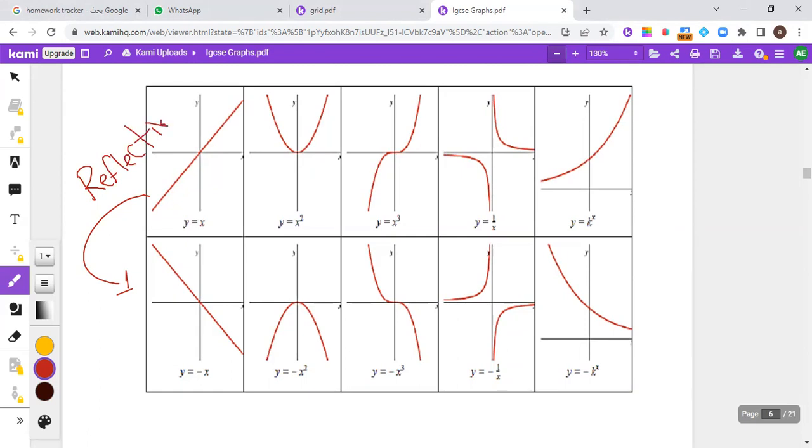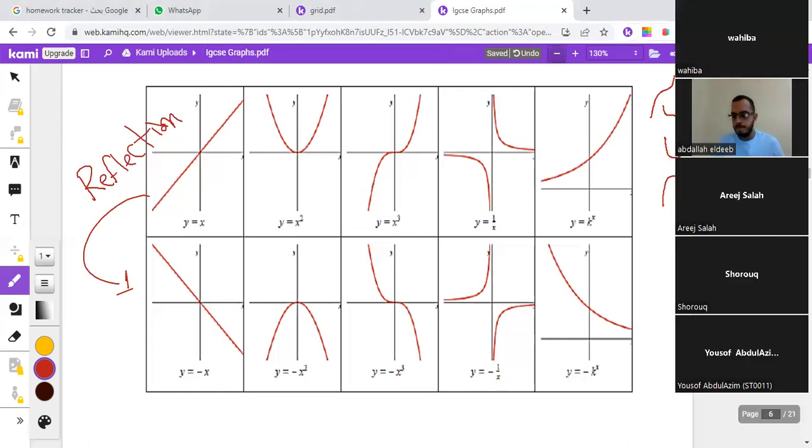If it's positive, it will be like this. Negative will be the other side. Positive like this, but negative like this, and so on. Okay? Any questions here before I complete? No. Okay.